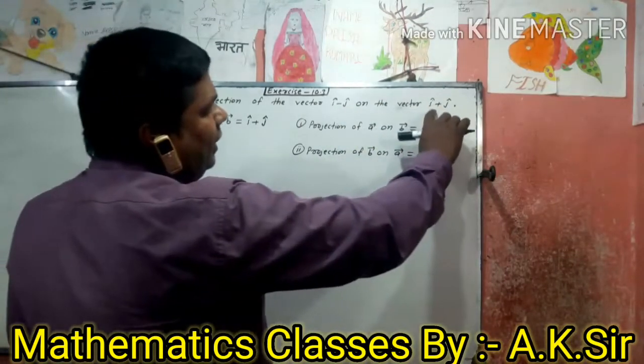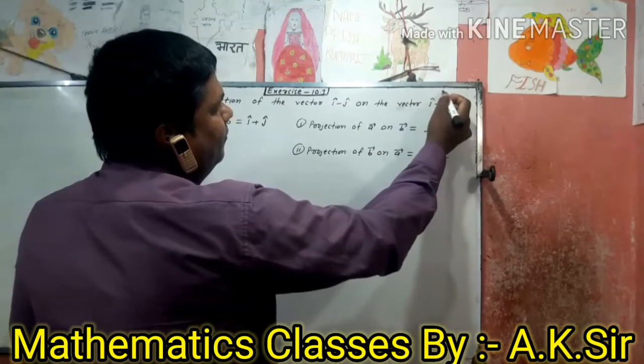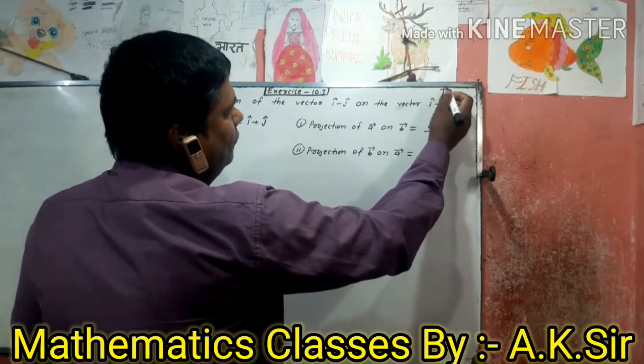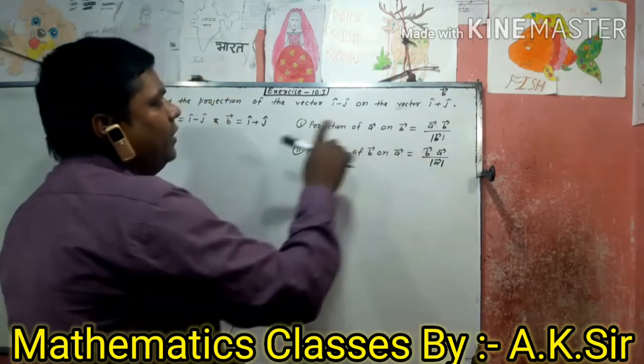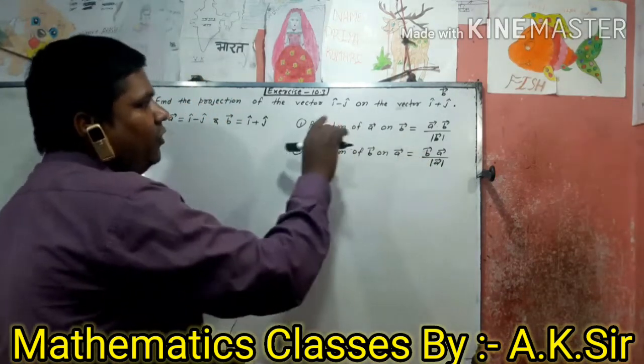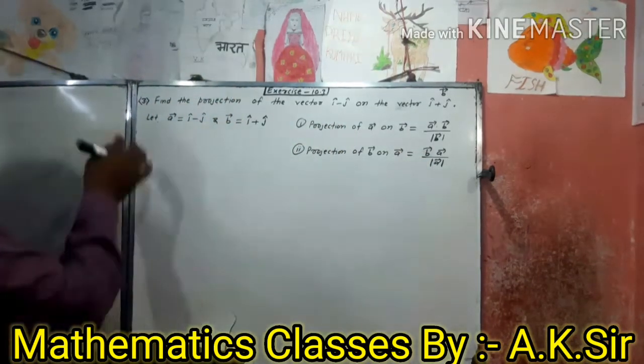On the vector i cap plus j cap means on B vector, so the first formula is applied for solving this question.